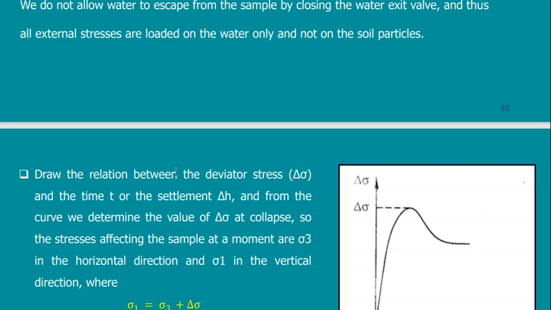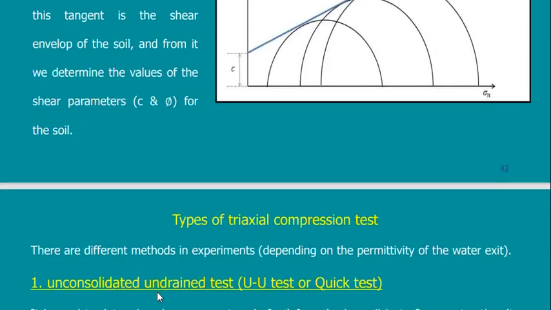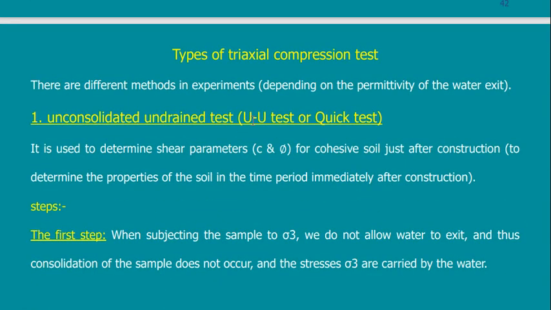The other one is after applying the sigma 3, the sigma 1, and allowing the sample the water to leave. So the first type of test is called unconsolidated, undrained. It means that in the first case I did not open the tap, and in the second case I did not open the tap.